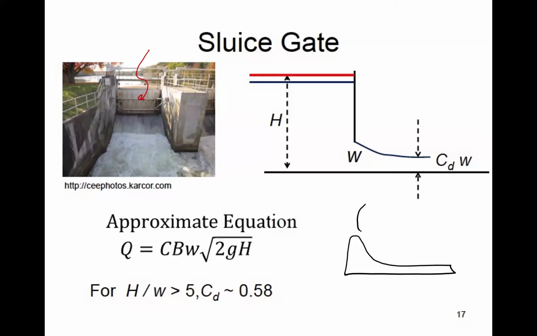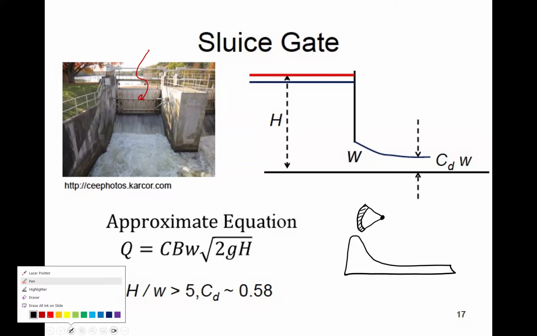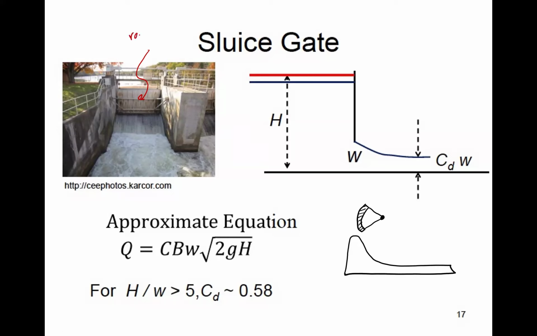The gate itself is curvilinear, and this is what we call a radial gate. That's the gate, and this gives you the opening at the gate. This whole setup, we sometimes call a gated spillway. It's very common on some spillways to have radial gates to control water level upstream and so on.